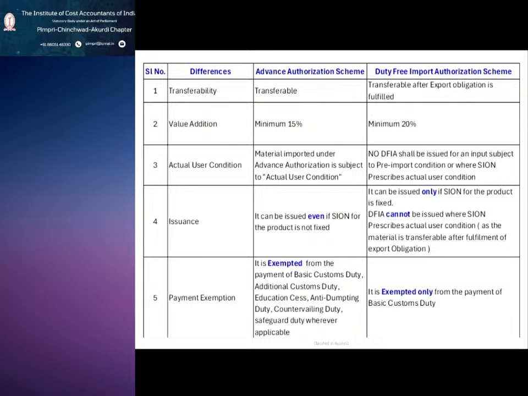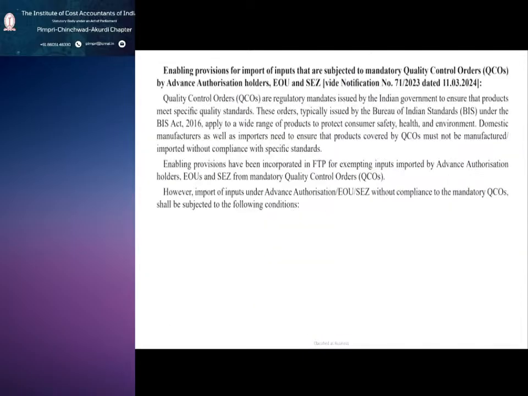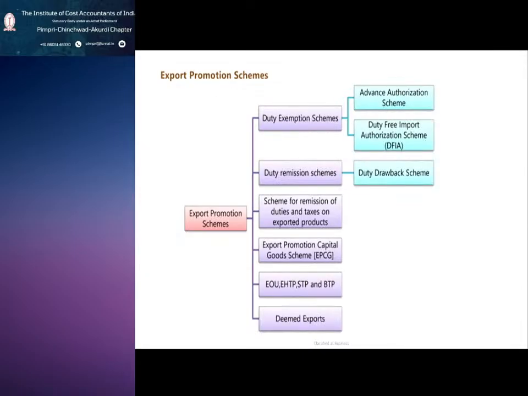So now we are into the first one, which is duty exemption schemes. Under duty exemption schemes, we have two schemes. One is advance authorization and the other one is the duty free import authorization scheme.